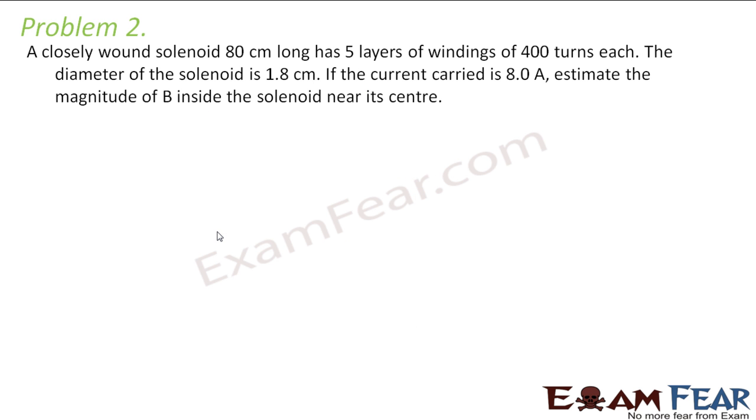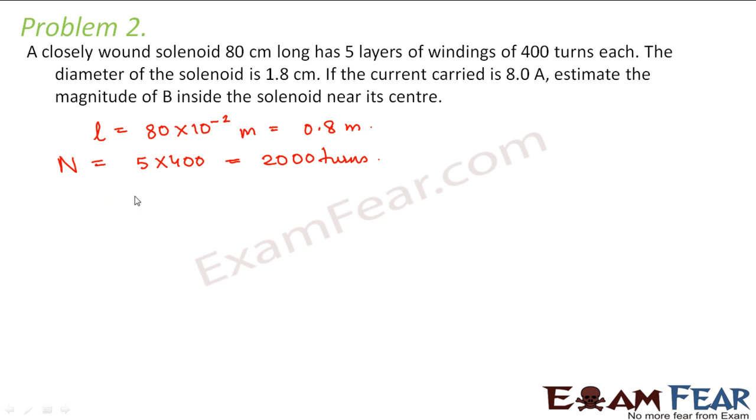Let us look at the next problem. A closely wound solenoid 80 centimeters long, that is 80 into 10 to the power minus 2 meters, which is 0.8 meters, has 5 layers of windings of 400 turns each. So 5 times 400 turns each. What is the total number of turns? 5 into 400, that is 2000 turns.